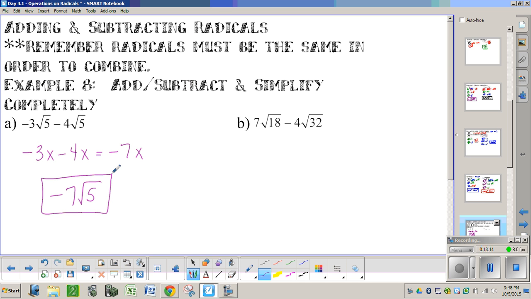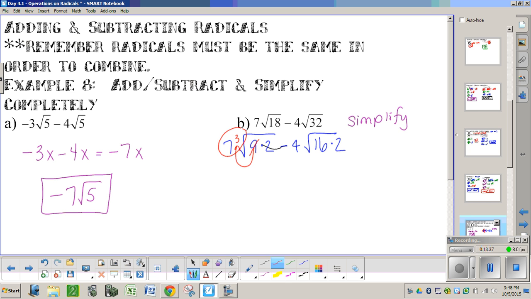In B, 18 and 32 are not like terms. So what you want to do here is simplify. Just like we did at the beginning of the notes, you're going to simplify your radicals first. So this one's going to be 9 times 2. And this one's going to be 16 times 2. So this comes out, this is a 3. Remember to multiply those numbers out there.